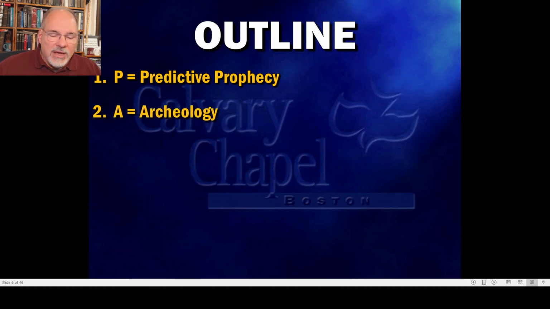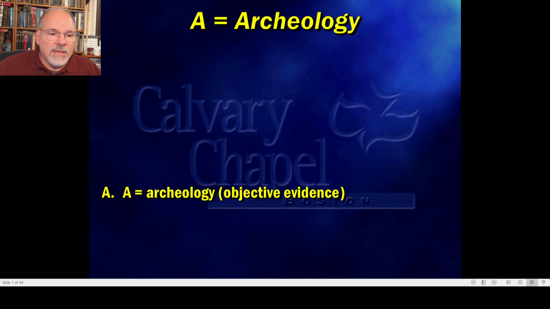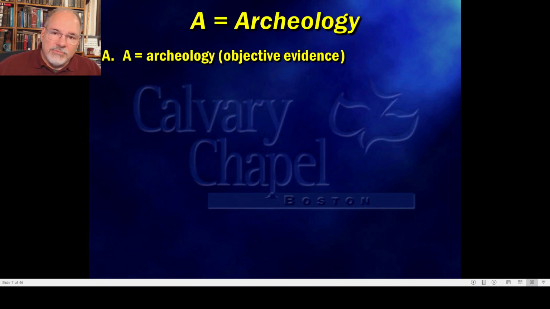So that's predictive prophecy. How about archaeology? Well, when we look at archaeology, again, it's an objective evidence because it is based on what's found or uncovered. It's not subjective. The only aspect of archaeology that is subjective is the interpretation of the archaeologist. However, if the archaeological discovery matches with what the Bible claims to be true, then it correlates to the Bible and it is just another piece of the foundation put in.